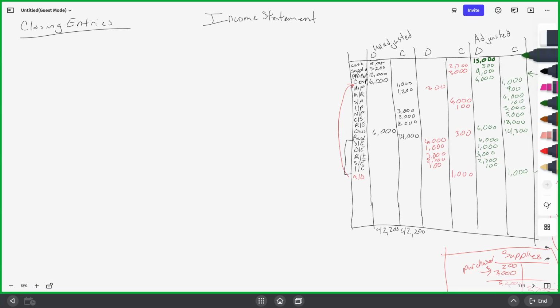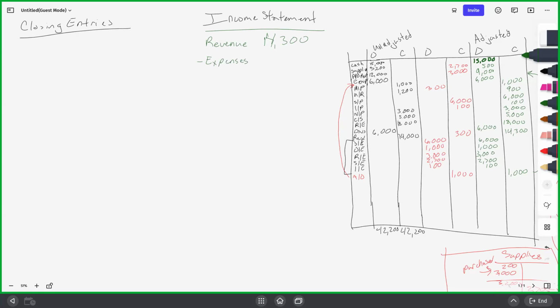So what's our revenue? 14,300. All right, that's all of our revenue. So we minus our expenses. What expenses do we have?